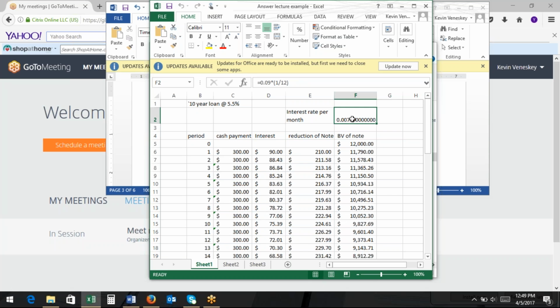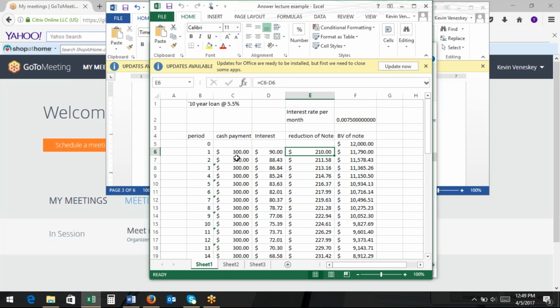Up here, I simply have a little calculation that shows my interest per month. So if I have a 9% annual rate, and I'm only wanting it for 1 month, if you divide that down to 1 month, it is 0.75%. And then I use this to fill in some formulas.